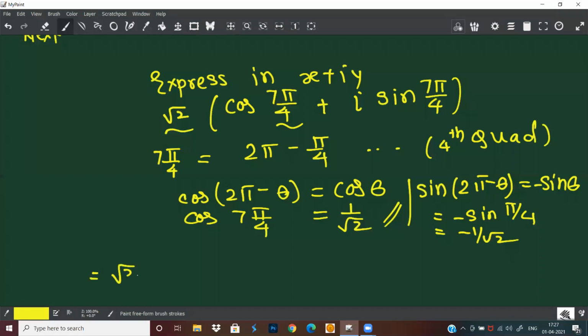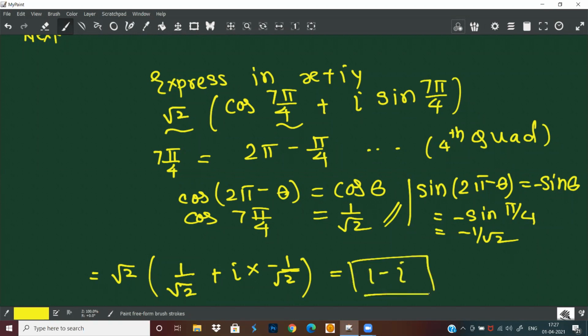So it is √2, whose value is 1 by √2, multiply by √2. So this comes as your 1 minus i. Perfect. Very good.